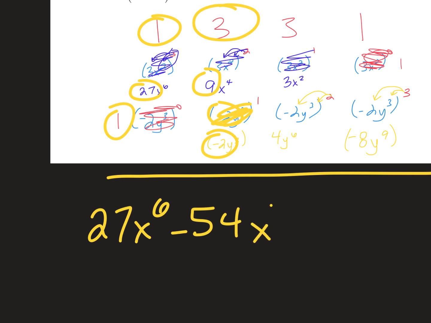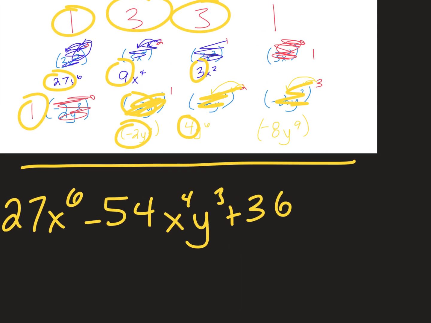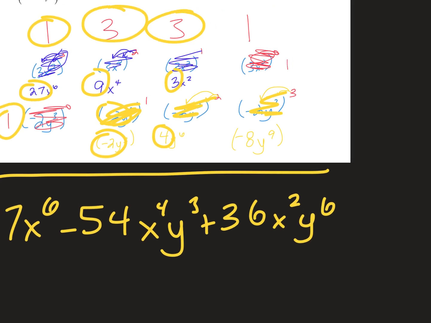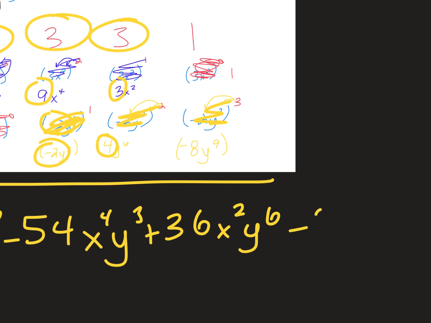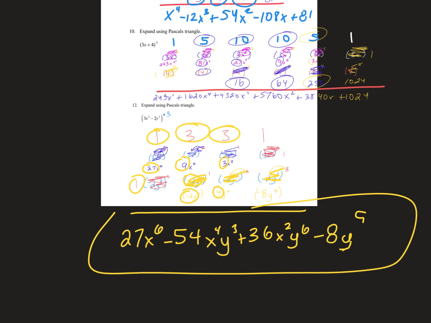X to the 4th, y to the 3rd, okay. So what's 3 times 3 times 4? So plus 36. What are my variables? X squared, y to the 6th, good. And then what's 1 times negative 8? So I have negative 8 and y to the what? To the 9th. Good.